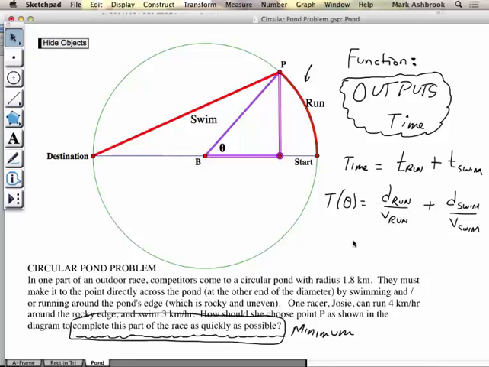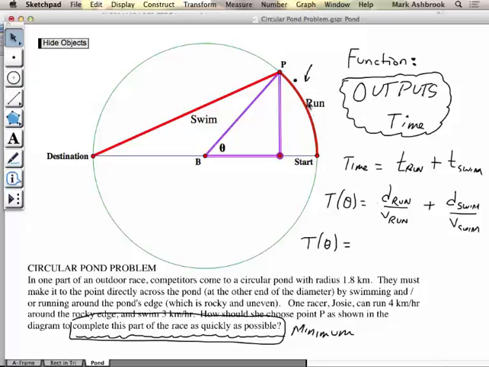All right, so now we can use our trig. What's the distance of the run in terms of theta? How far does she go if she goes around the circle theta radians? Theta is the number of radius lengths.